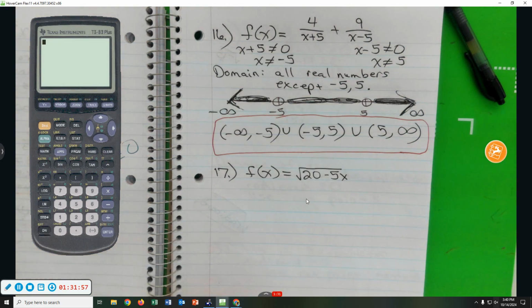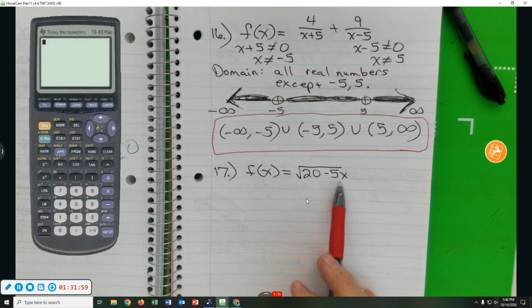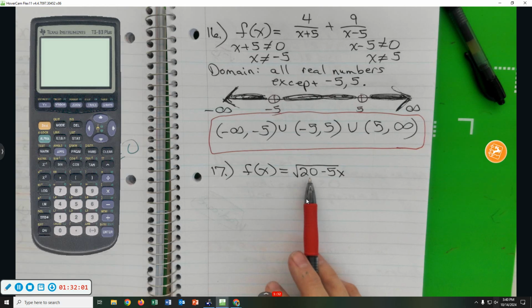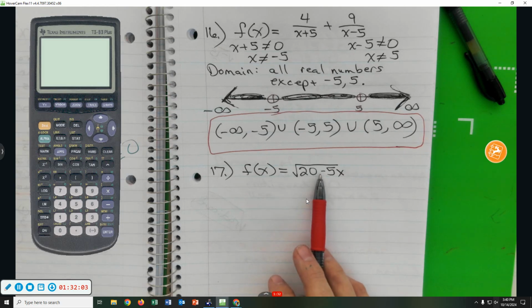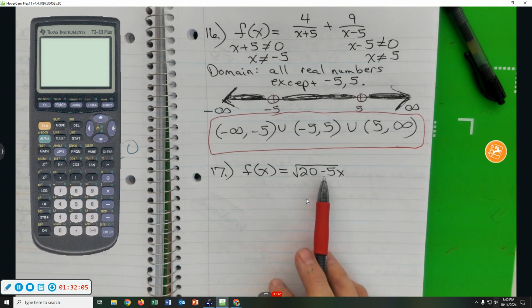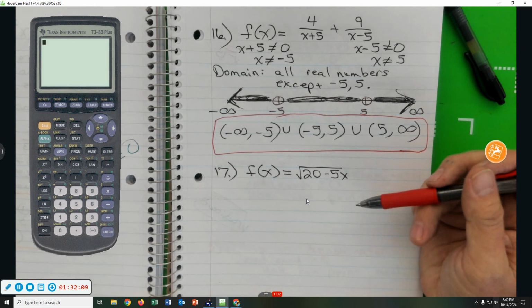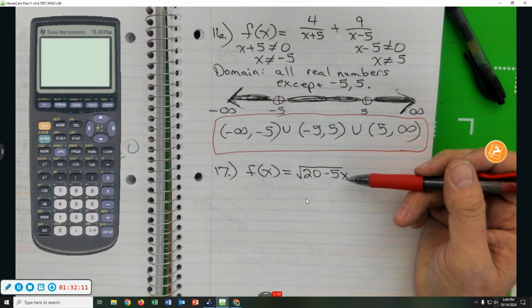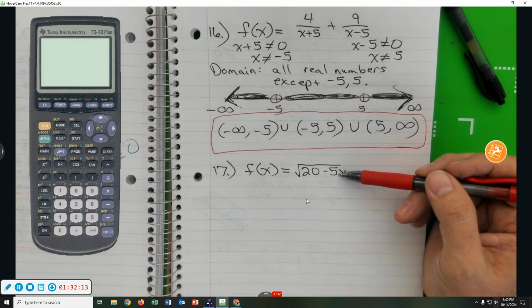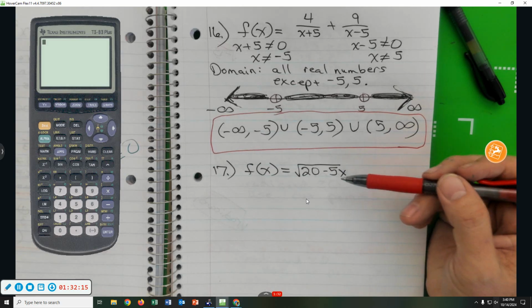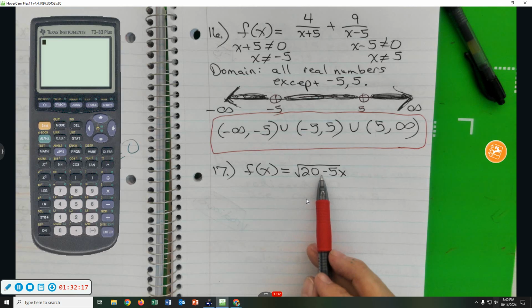Yes. This one here, once again, it's going to generate imaginary numbers if we plug in something like 10. 20 minus 50, that's going to be negative under the square root. So you can't allow it, but it can equal 0.